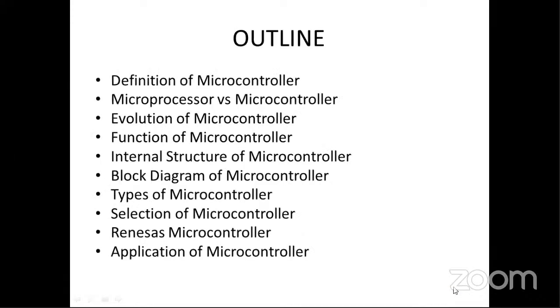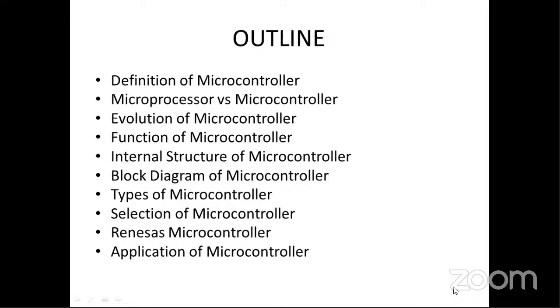The outline of this seminar is, first, we will try to understand the basic concept of what we mean by microcontroller, the difference between microprocessor and microcontroller, and how it came to existence, that is, the history of microcontroller. Further, we will be dealing with the general function of microcontroller and its internal architecture along with the block diagram of microcontroller.